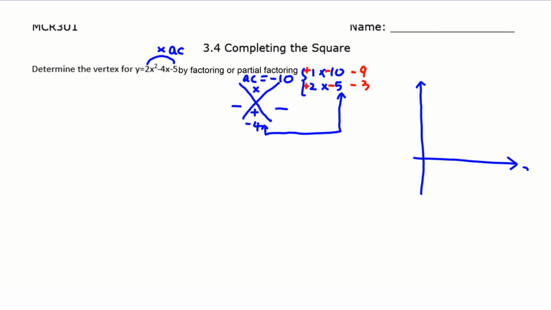From the standard form, the easiest point to find is the y-intercept. The c value is your y-intercept, which is (0, negative 5).